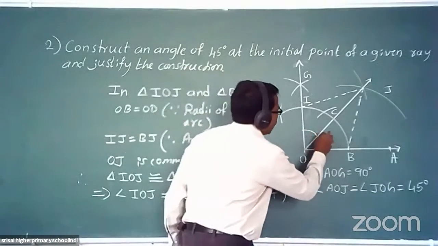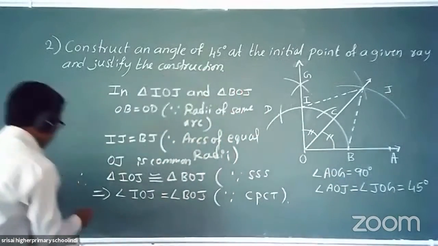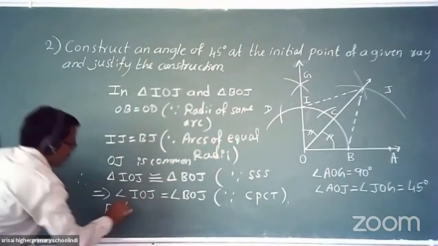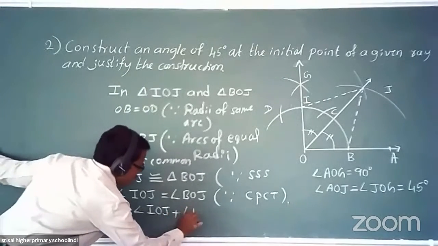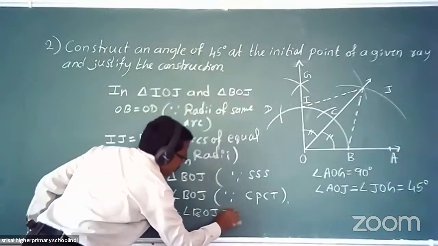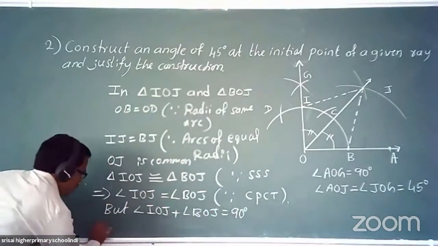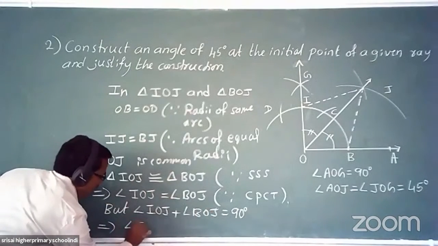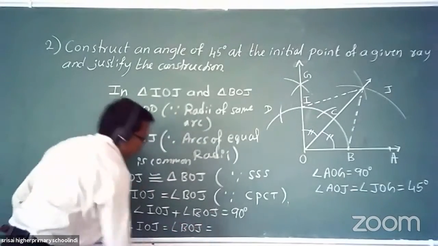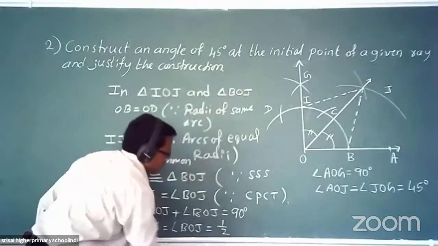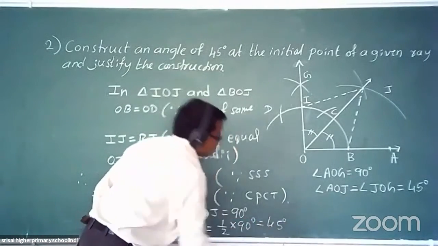These two are equal, and their sum is 90 degrees: angle IOJ plus angle BOJ equals 90 degrees. Both are equal, so each one is how much? Therefore, angle IOJ equals angle BOJ equals half of 90 degrees, that is 45 degrees.